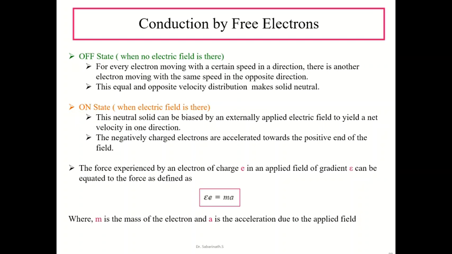So conduction by free electrons. Free electrons have an off state and an on state. In the off state, when no electric field is present, for every electron moving with a certain speed in one direction, there will be an electron moving with the same speed in the opposite direction. This equal and opposite velocity distribution will make the solid neutral.